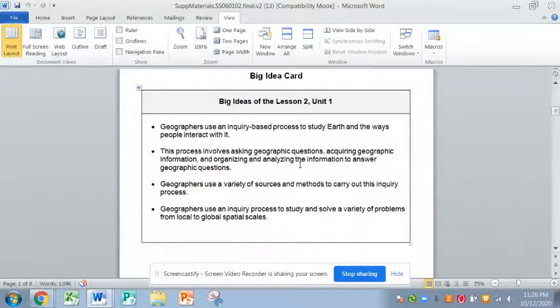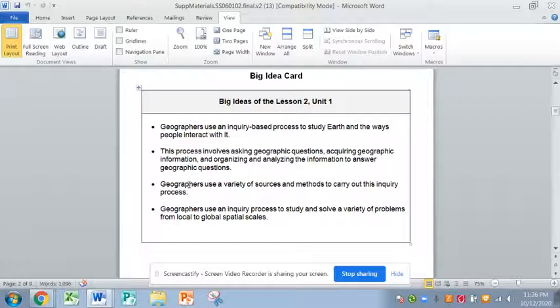Your big ideas for the lesson: geographers use an inquiry-based process to study Earth and the ways people interact with it. This process involves asking geographic questions, acquiring geographic information, and organizing and analyzing the information to answer geographic questions. So again, those 5 steps that we're going to be talking about this lesson.